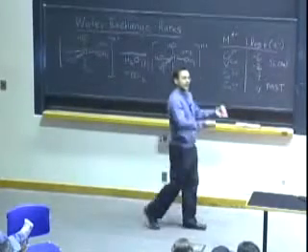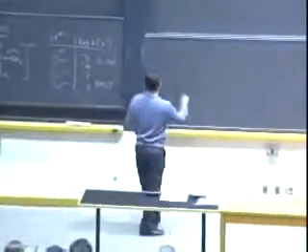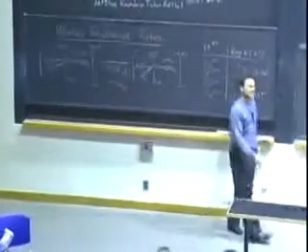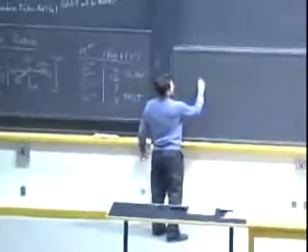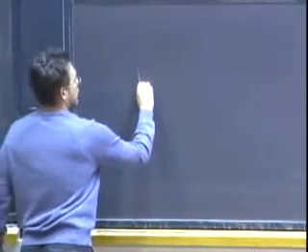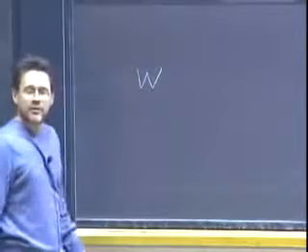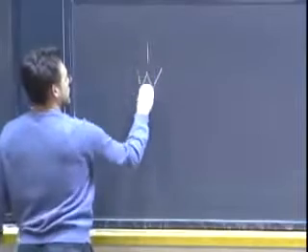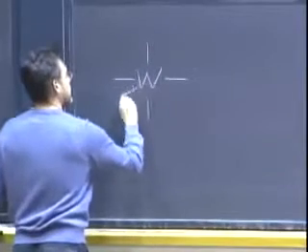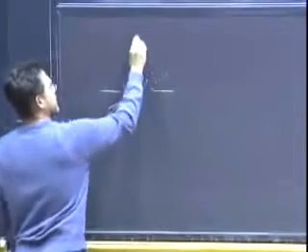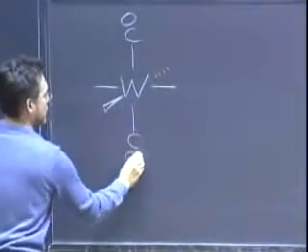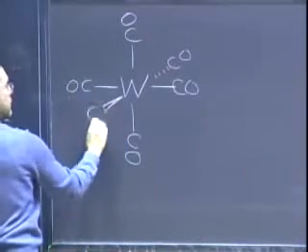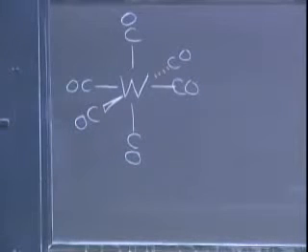Now, I'd like you to consider a different type of substitution reaction, one that does not have a product that's essentially identical to the starting material, and that will be one as shown here. Let's use the metal tungsten at the bottom of group 6, a 5d transition element. This makes a very stable binary compound with carbon monoxide in which 6 carbon monoxide ligands bind to the metal center at the corners of an octahedron.